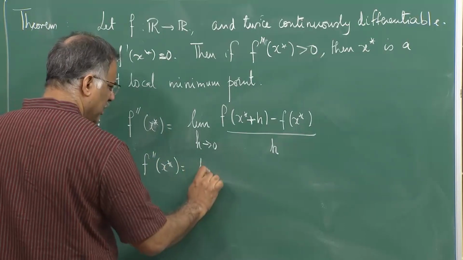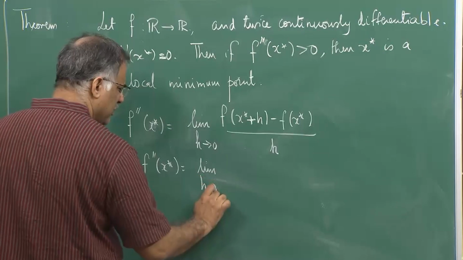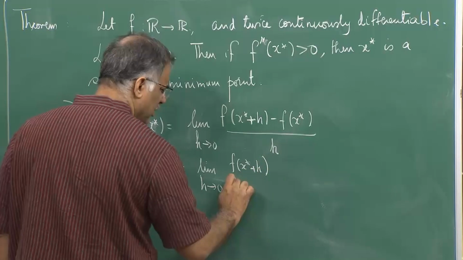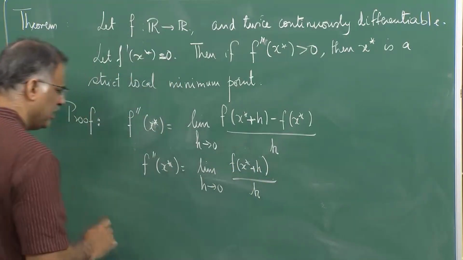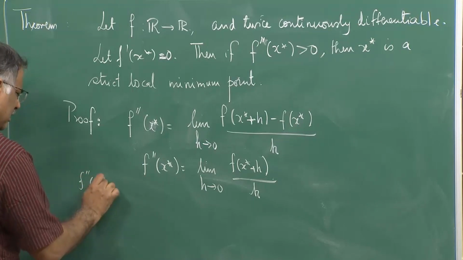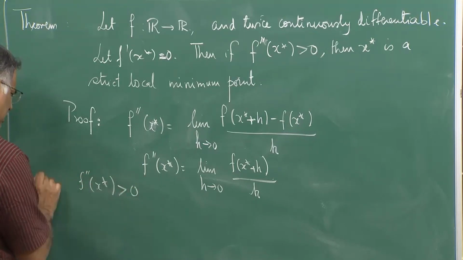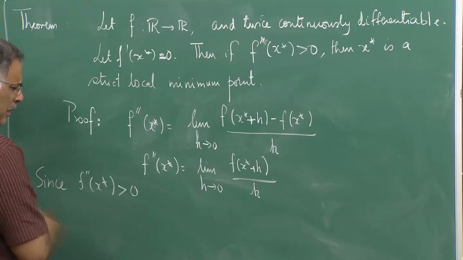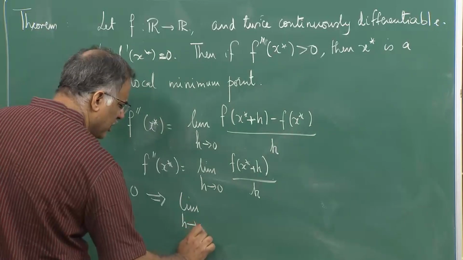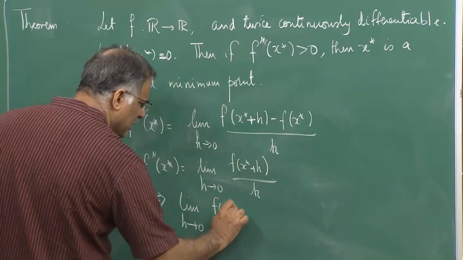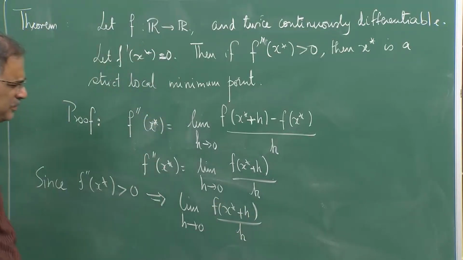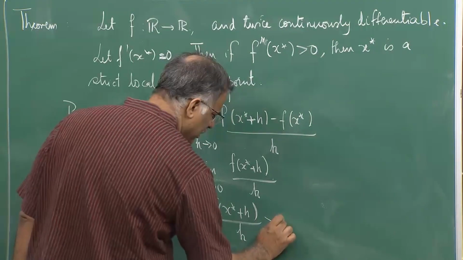So, this is nothing but limit of h tends to 0, f dash of x star plus h by h. Now, since f double dash x star is strictly bigger than 0, it would imply that limit h tends to 0 of f dash of x star plus h by h is strictly bigger than 0.